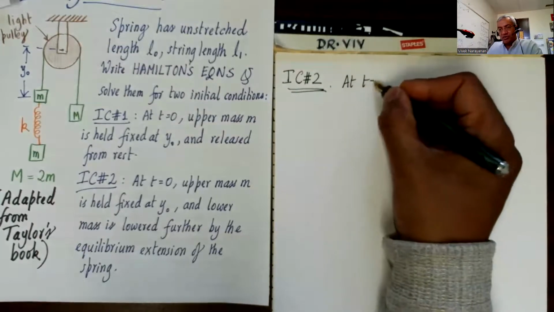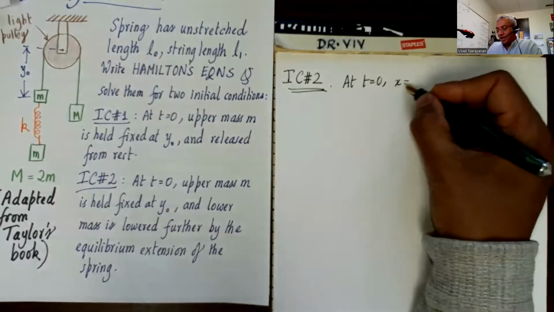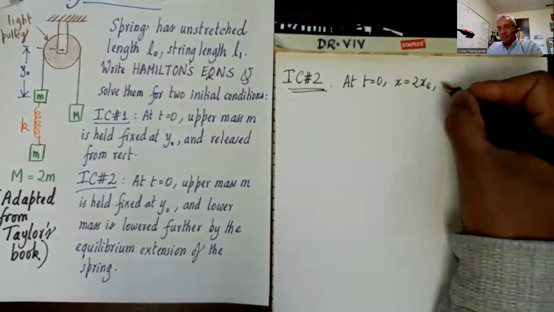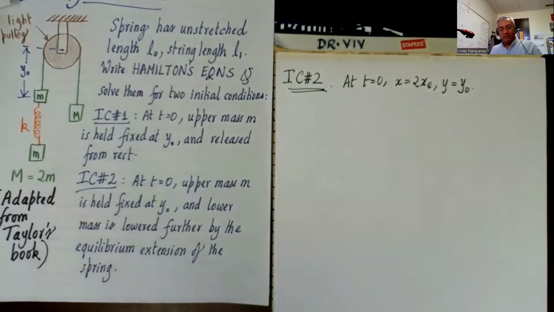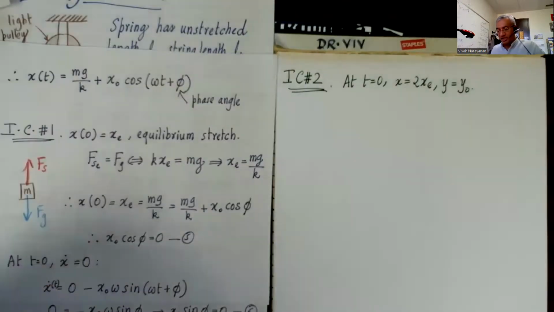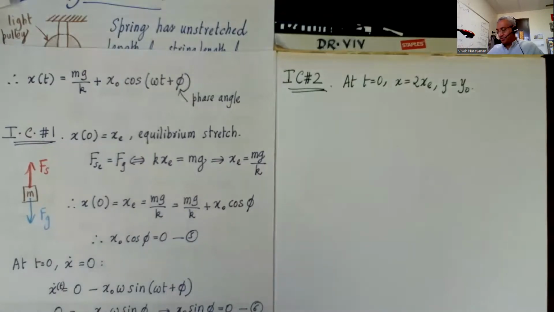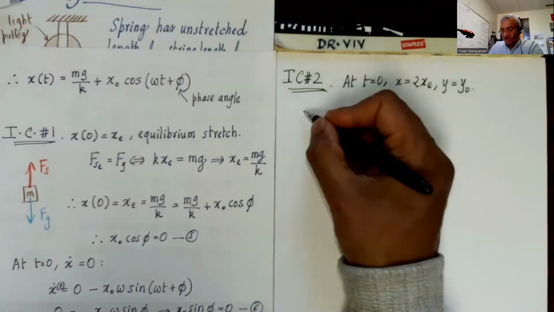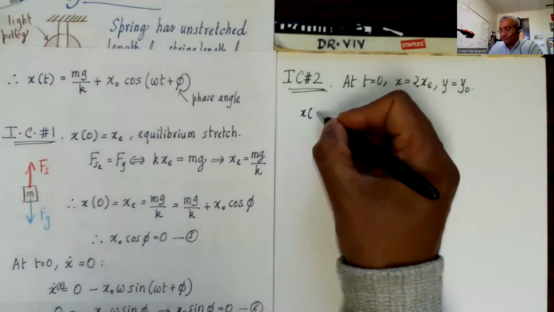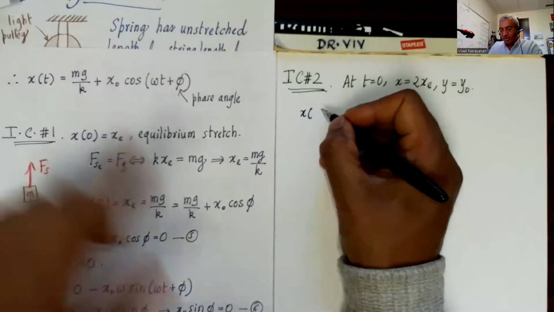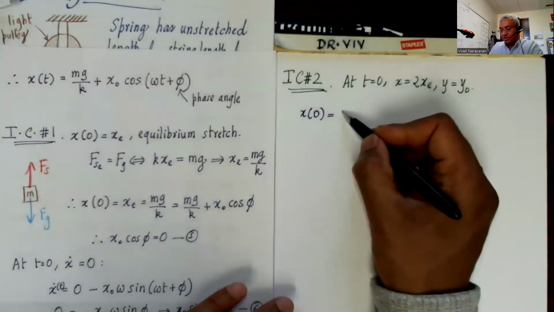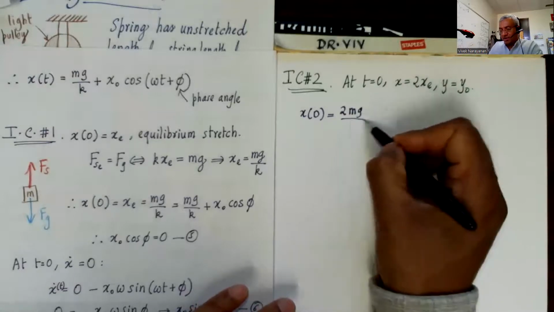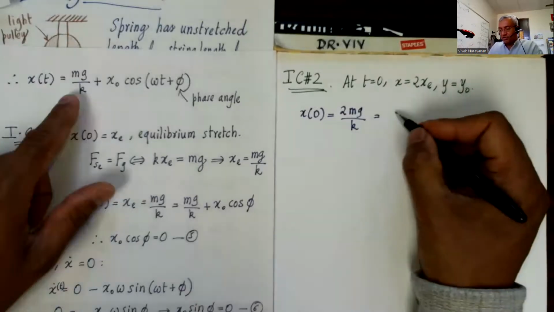Here at t equal to 0, x is 2x sub e, and y is equal to y naught. Now I'm going to go back to this equation for x, because these equations are valid for any initial condition, and see what happens. So x as a function of time is given by that. So x at 0, which is 2xe, which means it's going to be 2 mg over k, is equal to all of this.